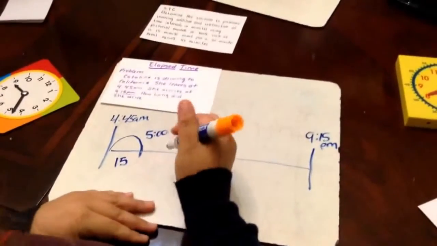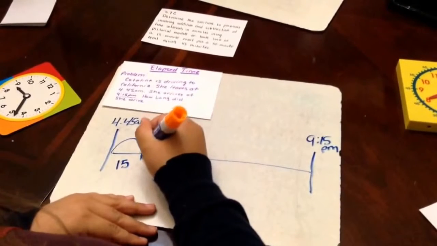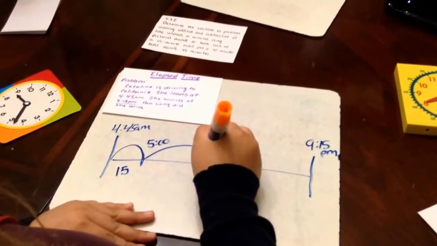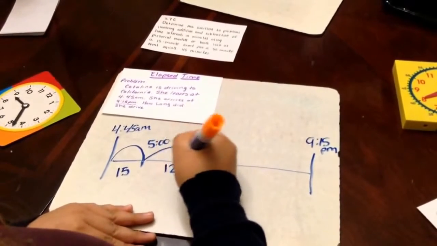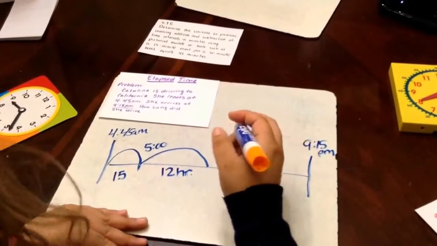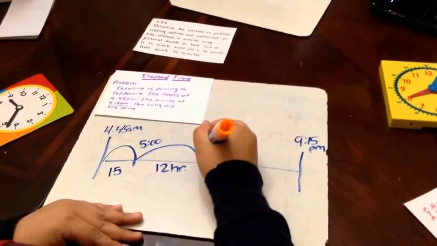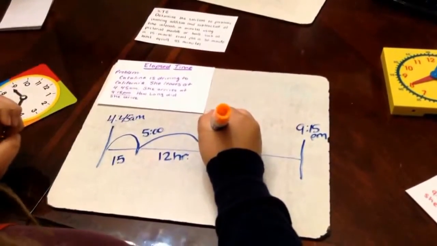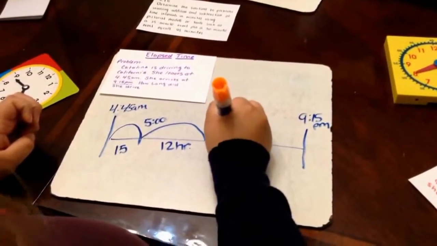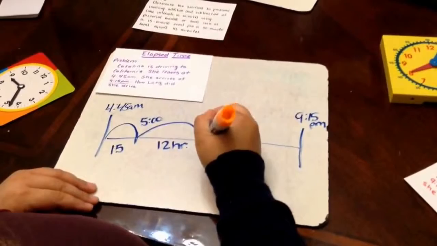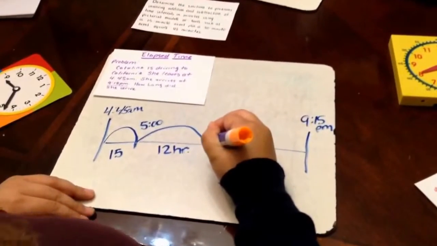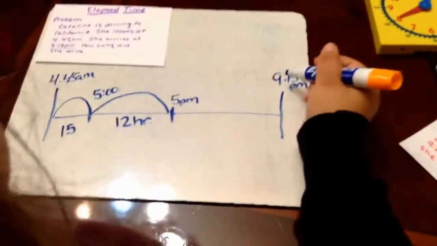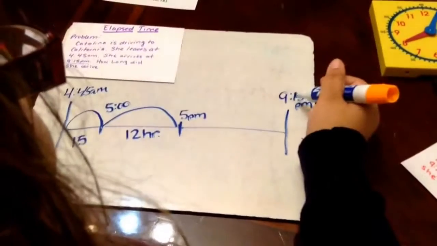Okay. And then from 5 o'clock to the next 5 o'clock, we're going to jump a whole 12 hours. So this is 5 o'clock a.m. and this is going to be 5 o'clock p.m. But before we can stop there, we come back to the 9:15 mark.